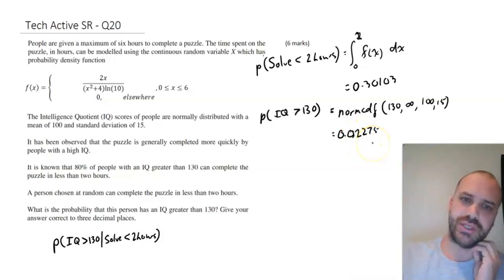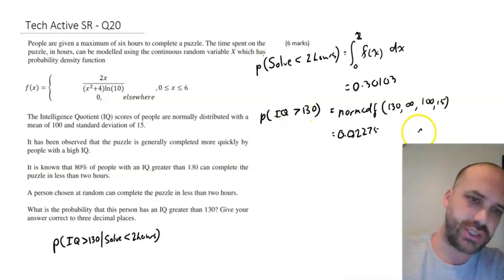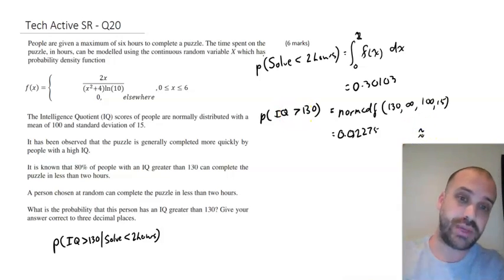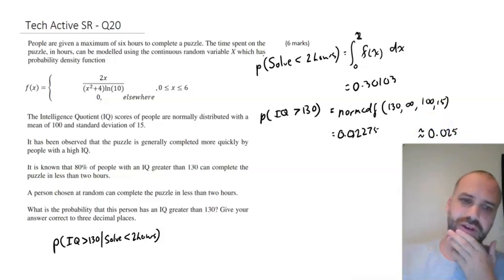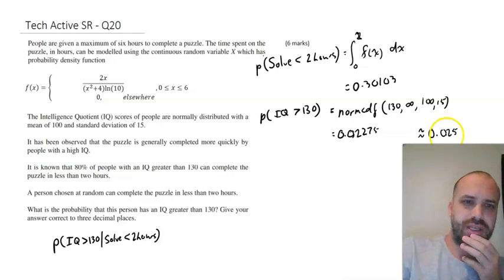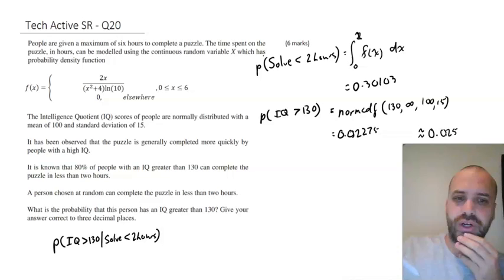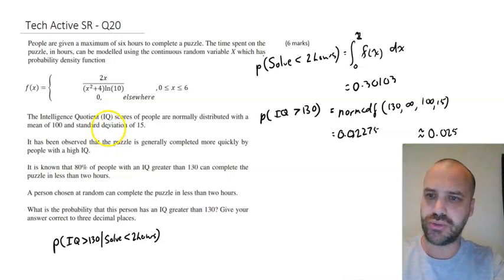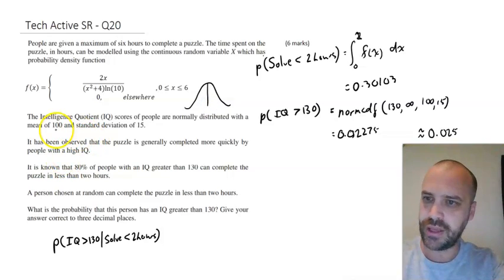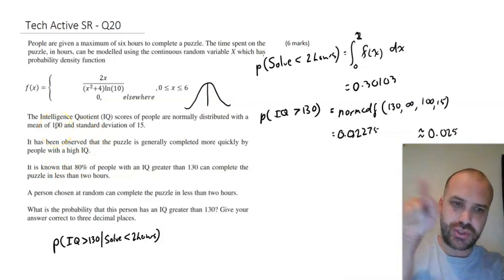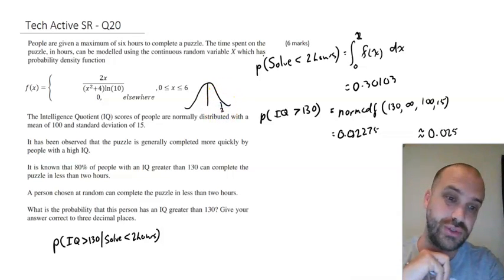believe that this was going to be the answer. I believed that the answer to this was actually, and now I'm going to put some approximations here, 0.025. Why did I believe that the answer was 0.025? Well, because this is a normal distribution, and an IQ of 130 is 2 standard deviations above the mean, so a z-score of 2.